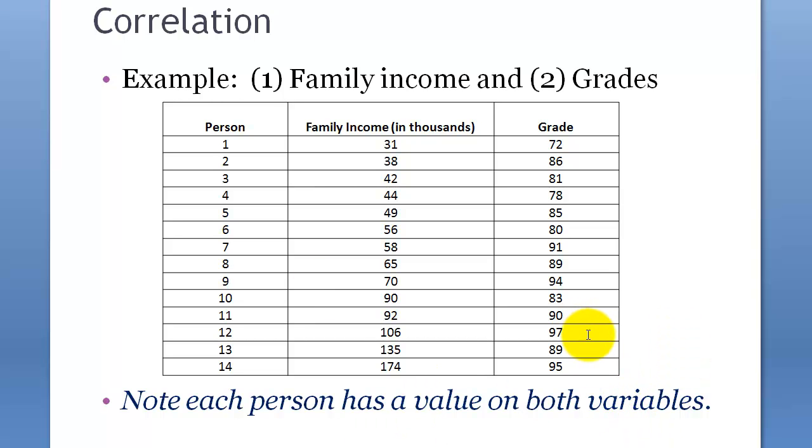You can try to find out if there's any relationship, either positive or negative, between the family income and the grade. For example, the higher the family income is, the better the grade is, or something like that. Well, it could be the higher the family income is, the lower the grade might get.